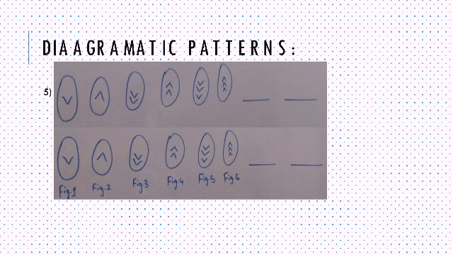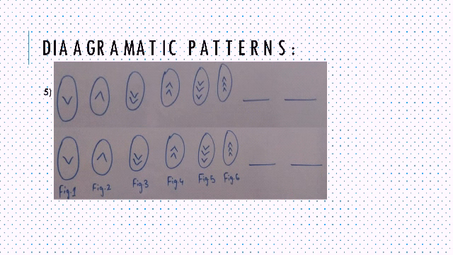In figure number 4, arrowheads are pointing upwards, and from figure number 2, 1 arrowhead is increased. In figure number 5, look here, again the arrowheads are placed downwards, but 1 arrowhead is increased, that is 3 arrowheads are now drawn. In figure number 6, again the arrowheads are pointing upward and 1 arrowhead has increased, that is there are 3 arrowheads inside. Now look here, what is the pattern that we can see?